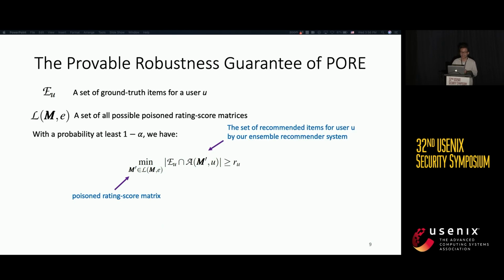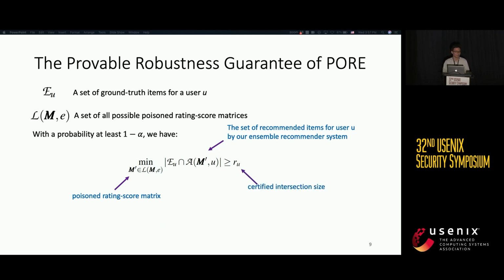And this A(M prime, U) is the set of recommended items for user U by our ensemble recommender system built upon the poisoning rating score matrix M prime. So this equation means at least R_U items in the set of ground truth items will be recommended by our ensemble recommender system under arbitrary data poisoning attacks with at most E fake users.